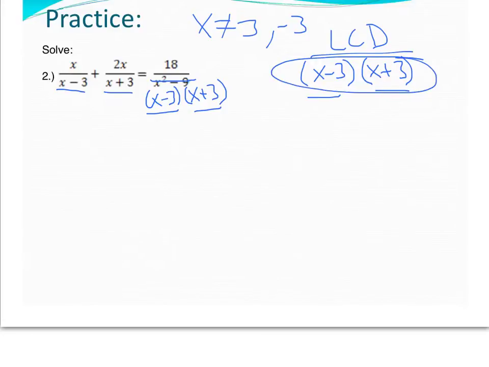What I'm going to do with that LCD, my least common denominator, is multiply all of my numerators by that LCD. Alright, so let's see how that looks right now.